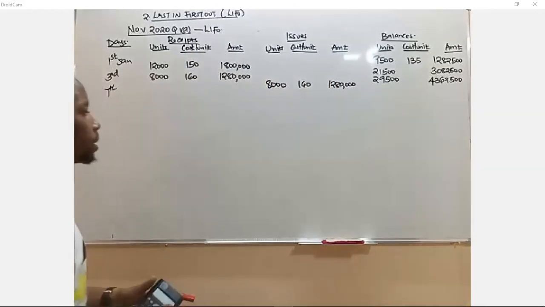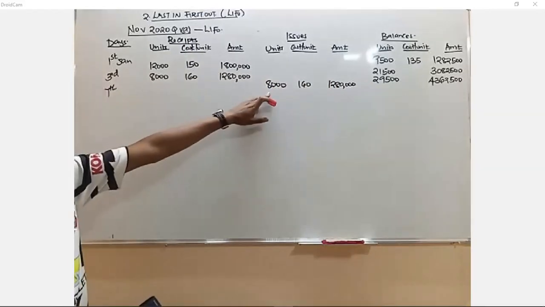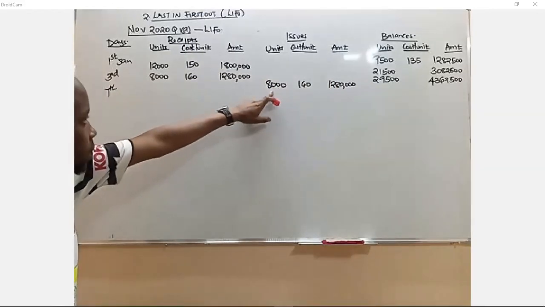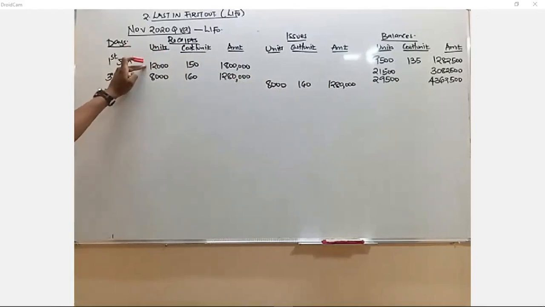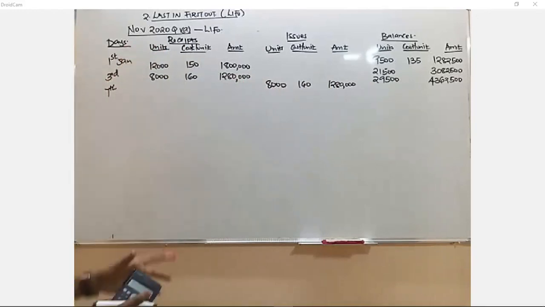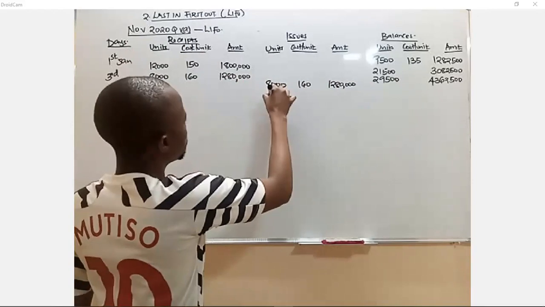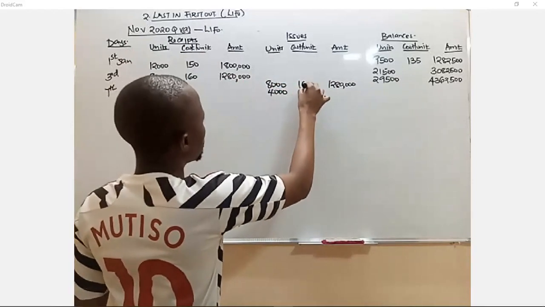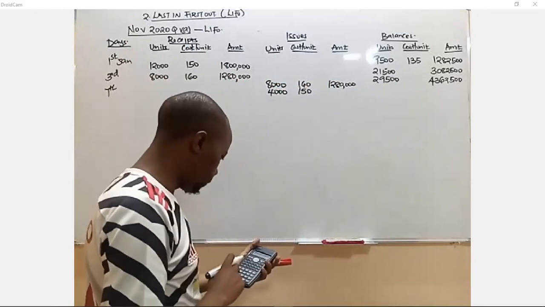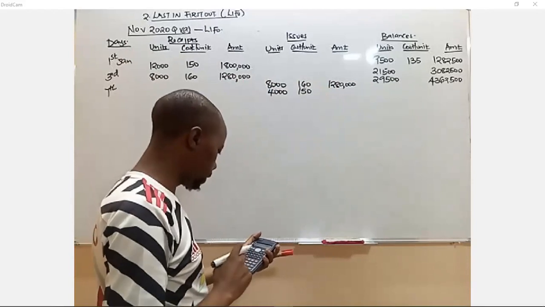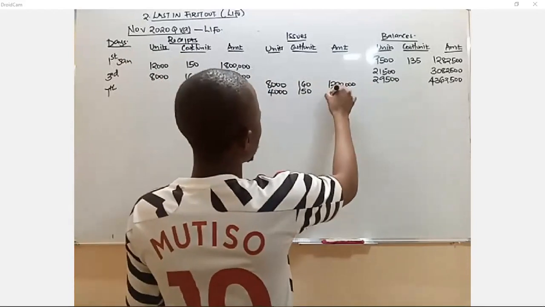Right? How much are you remaining to get at 12,000? You say 4,000. You go to the next batch up, which is 12,000. You sell 4,000 now. 4,000 at 150. So I say 4,000 by 150, we are getting 600,000.